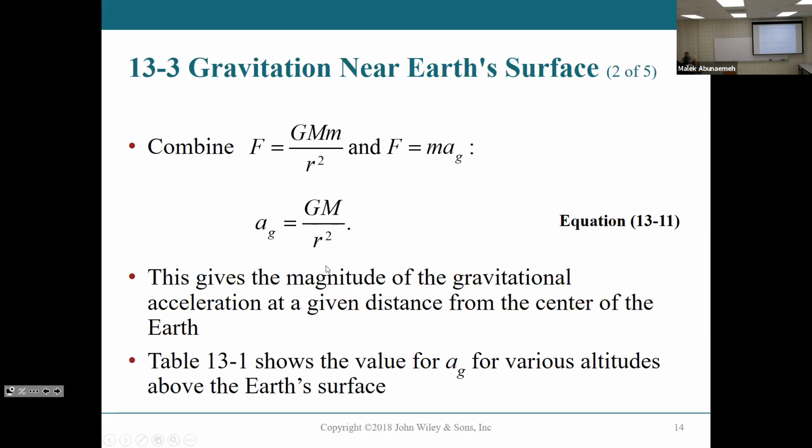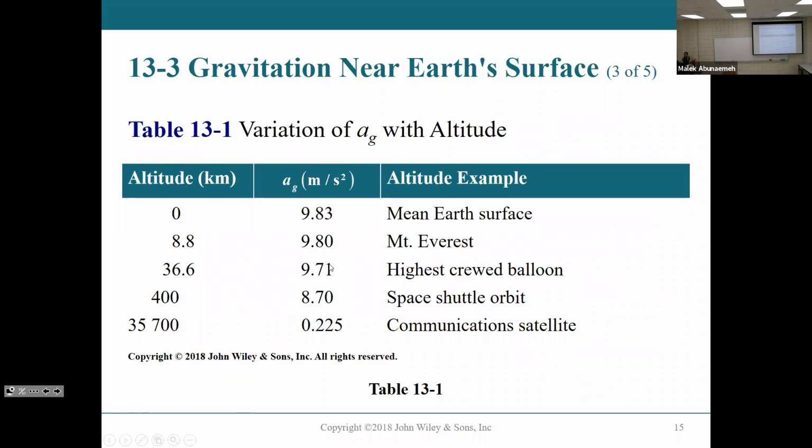And again, what we got is 9.8 meters per second squared. But again, it's not exactly 9.8 everywhere. There's a difference. The higher you go, the lesser the gravitational acceleration on you. The closer to the Earth you go, the higher the acceleration on you.